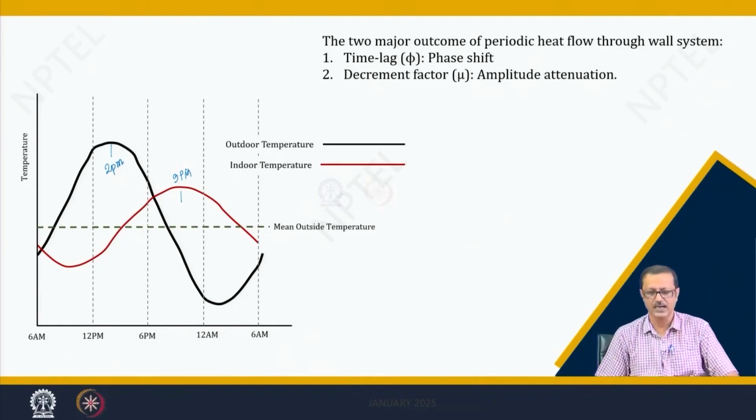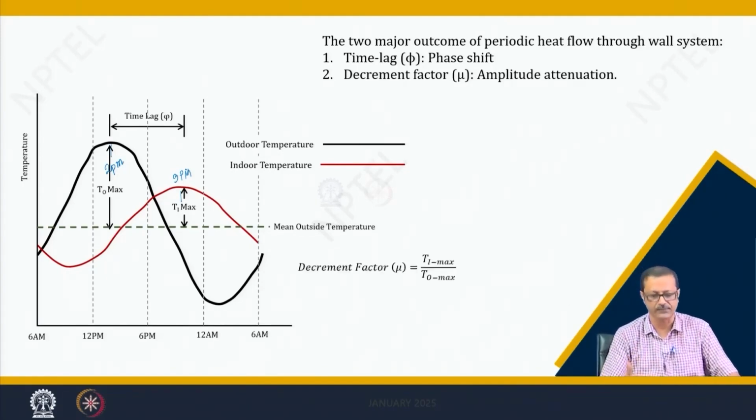One is the time lag or phase shift, how much the difference is, from 2 PM to 9 PM, or 7 hours or whatever. Another one is the decrement factor, that is the amplitude attenuation, how much is the TI maximum and the TO maximum. These two are taken care of.